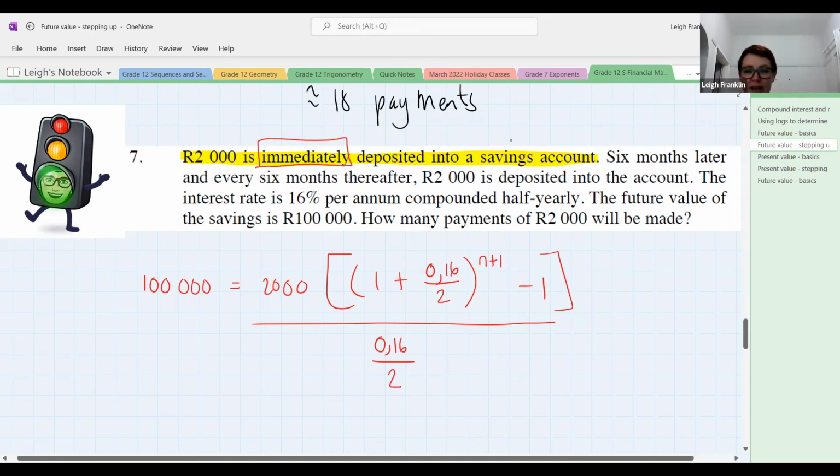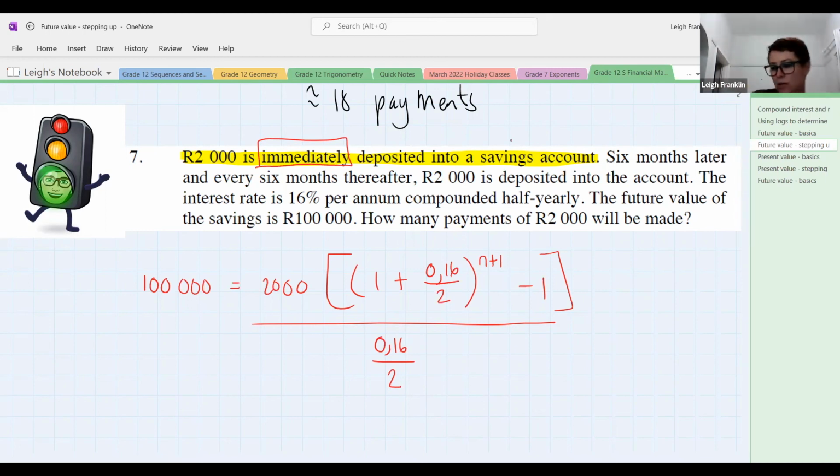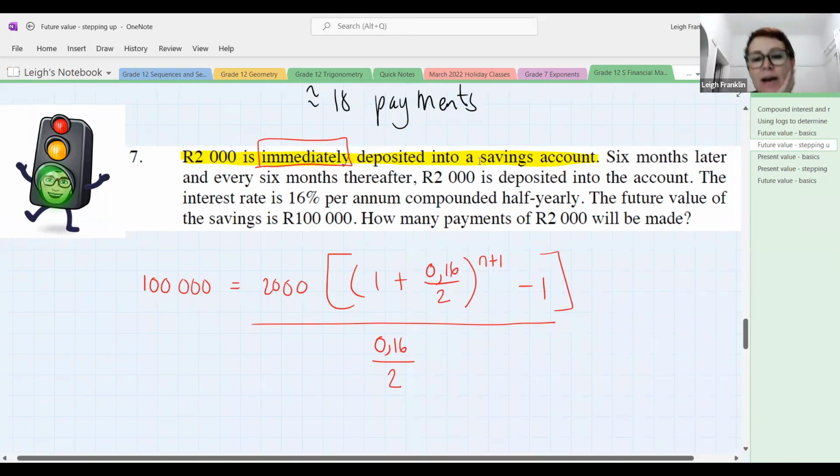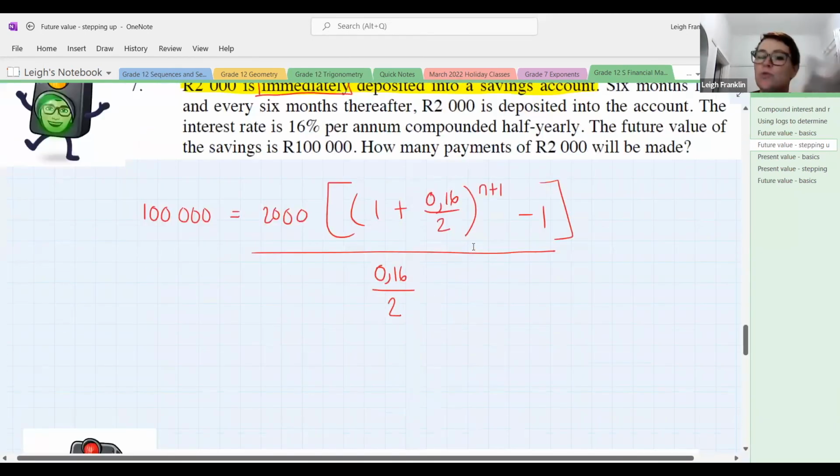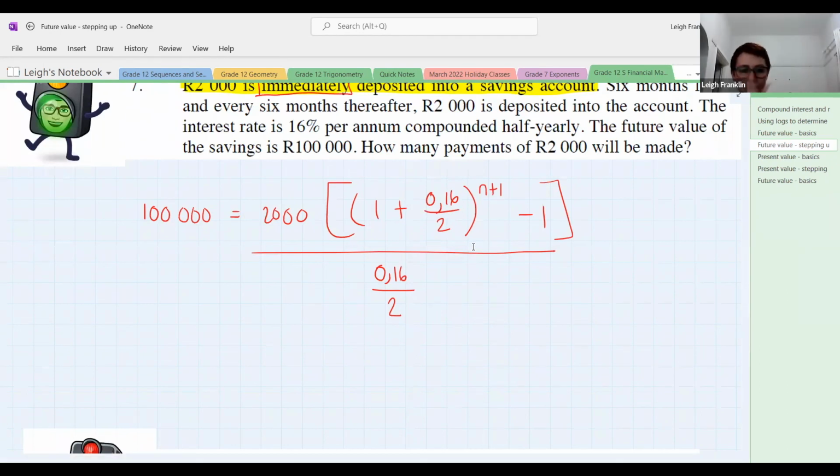Okay, because there was that immediate deposit, we need to remember to add 1 to whatever our n was. Same story as before: you're going to cross multiply, divide, and make the bracket the subject of the formula.